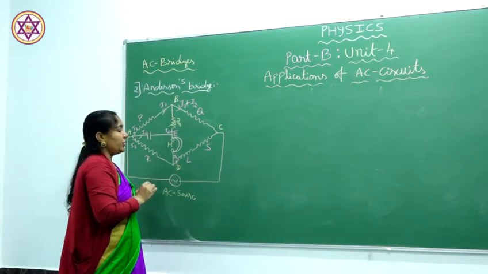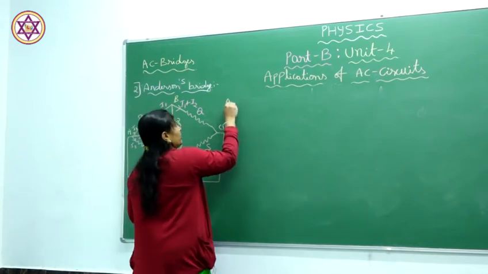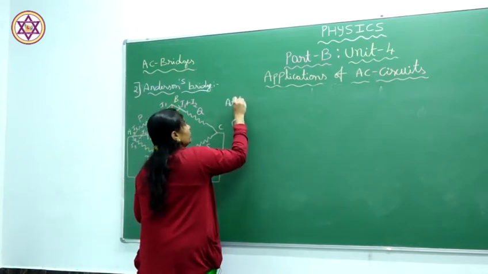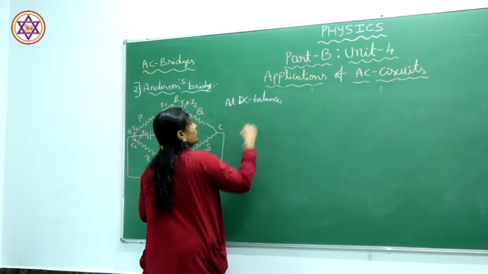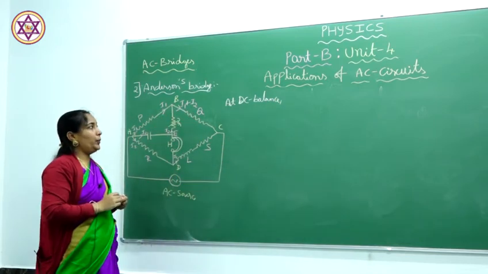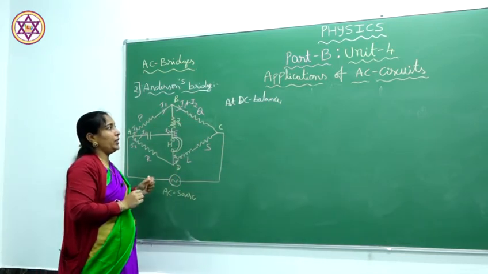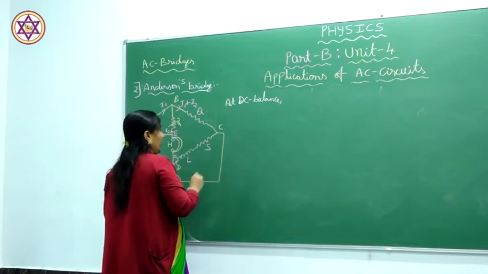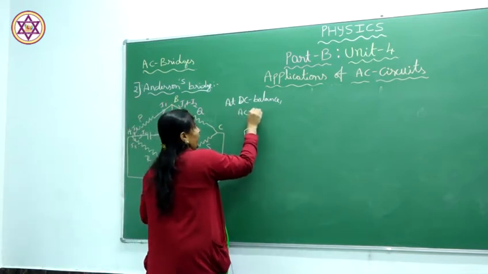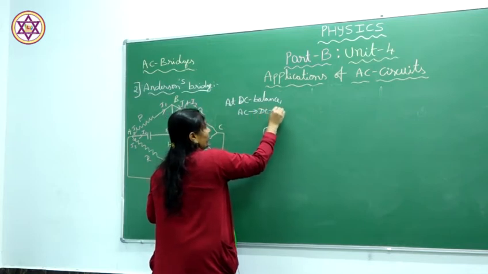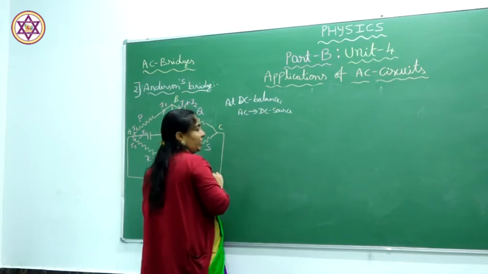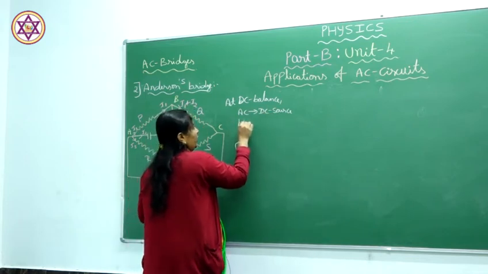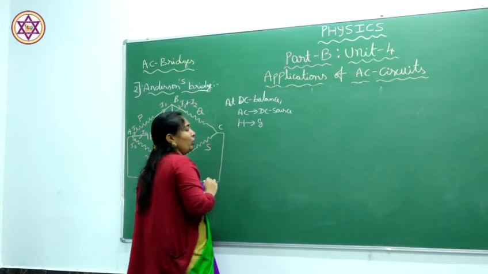First, DC balance. To obtain DC balance, what do we have to do? The AC source is replaced by the DC source and the headphone is replaced by the galvanometer.